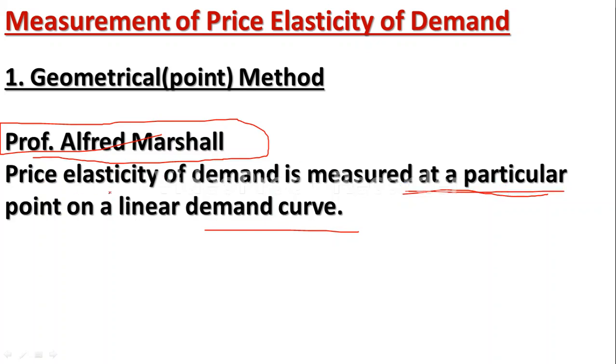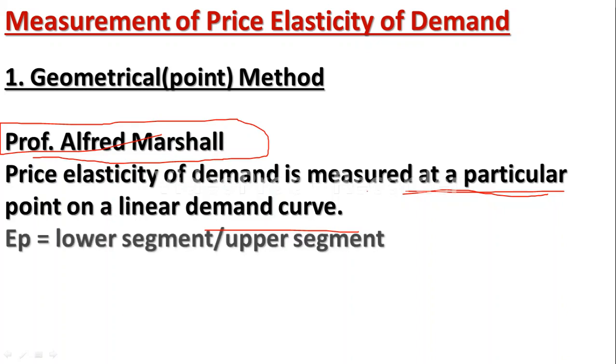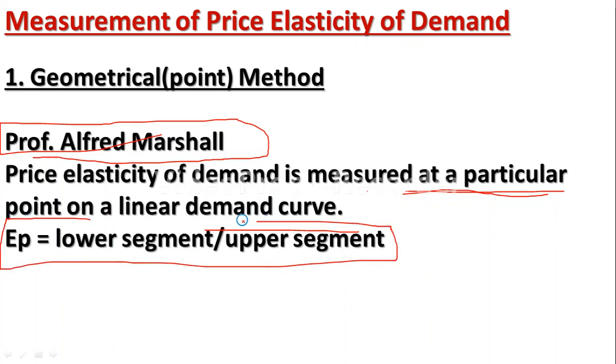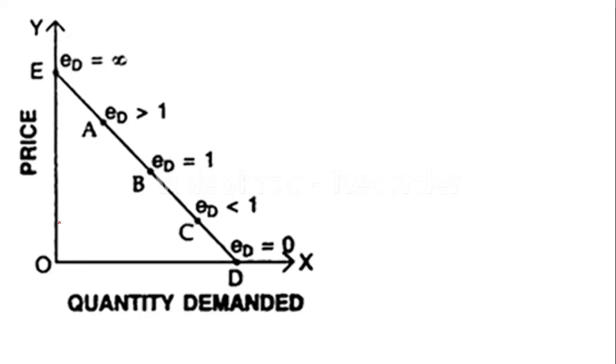On that curve, at various points we are going to measure the price elasticity of demand. In this method, the formula to calculate price elasticity of demand is lower segment divided by upper segment.